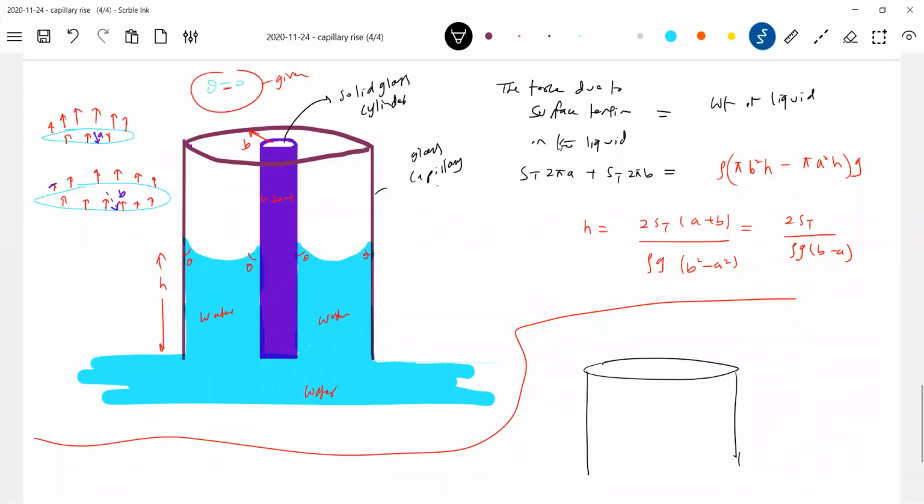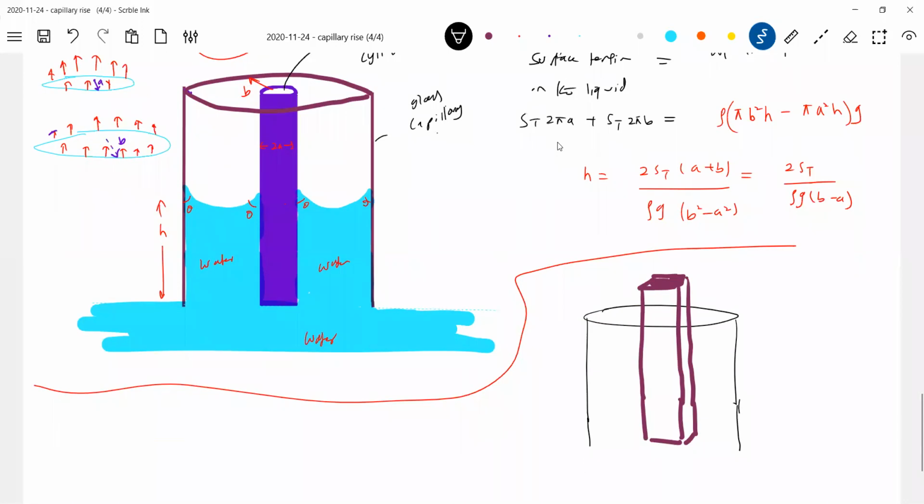Now look at the cylinder. If the cylinder is of this kind, any changes? Look at this particular cross section.